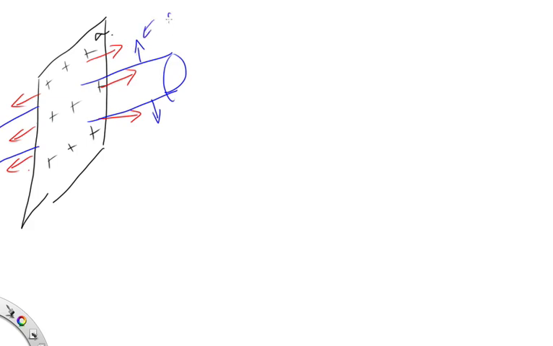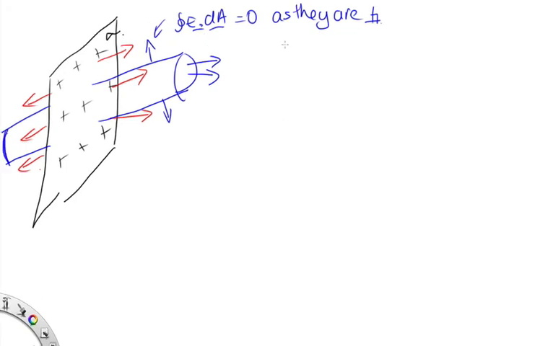So for these parts, we'll have E dot dA is equal to 0 as they are perpendicular. And then we'll have these parts on the ends where E dot dA does contribute, and it's cos 0, so it contributes fully.